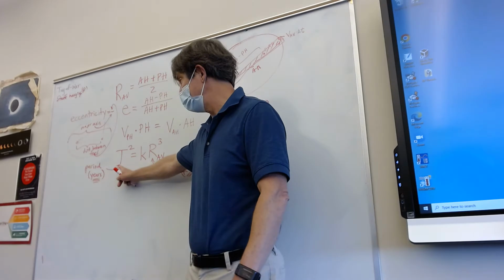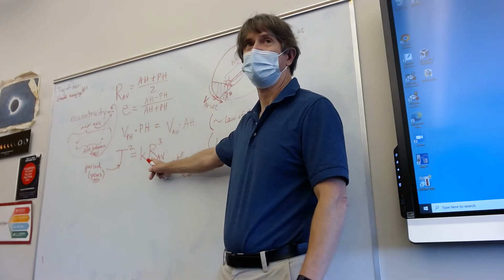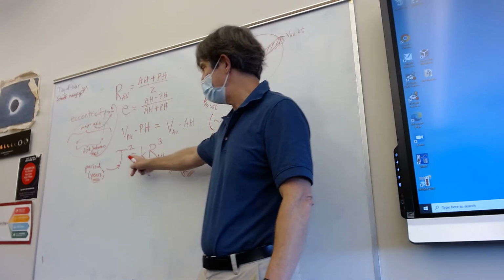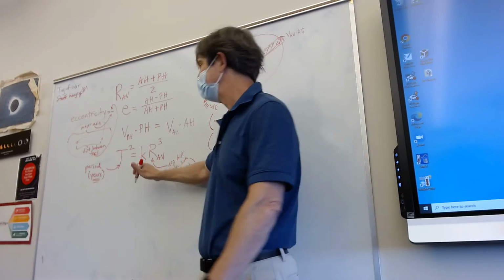And the Earth takes how many years to go around the sun? 1. Yes, and how far is it from the sun? 1. So 1 squared equals something times 1 cubed. And what is the something? 1.